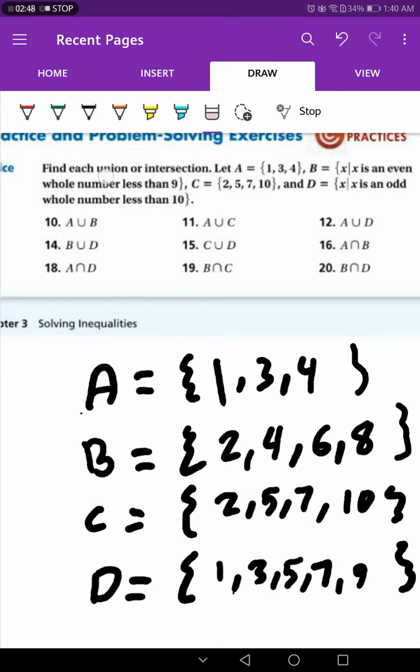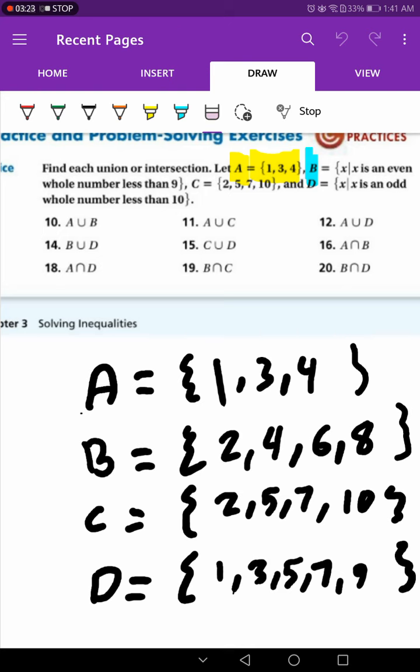Now the first set is A, and A has 1, 3, and 4 as elements. The second set is B, where B is the set of X, where X is an even whole number less than 9. That means you have to figure out the elements of B. This is your mission.